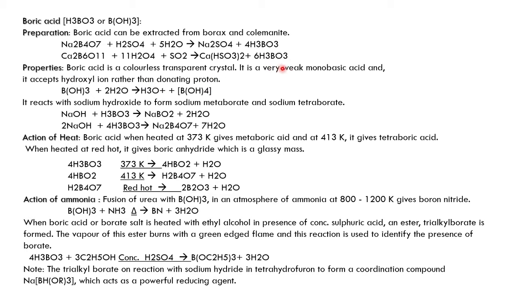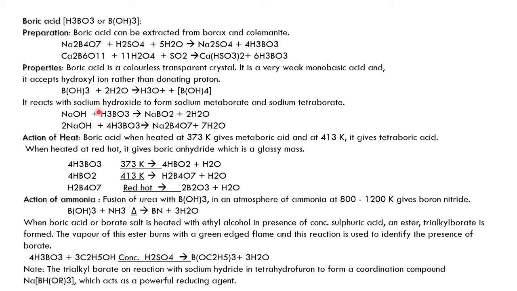This will be asked as a 2-mark question: why is boric acid considered a weak monobasic acid? Because rather than donating a proton, it accepts OH-, so it is a weak monobasic acid. You should write it that way.